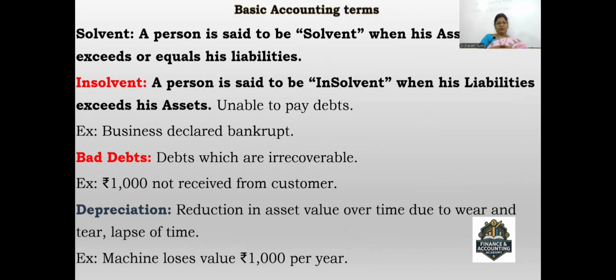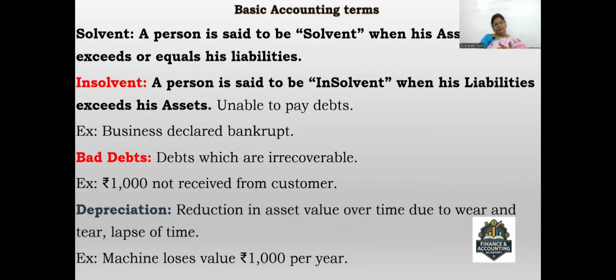Maybe he shifted to another country, or he may have become insolvent, whatever the reasons. Example, 1,000 not received from our customer. We can't receive that amount. And in some cases, if the customers are buying with an intention not to pay our amounts, in that case also we can't recover our debts.